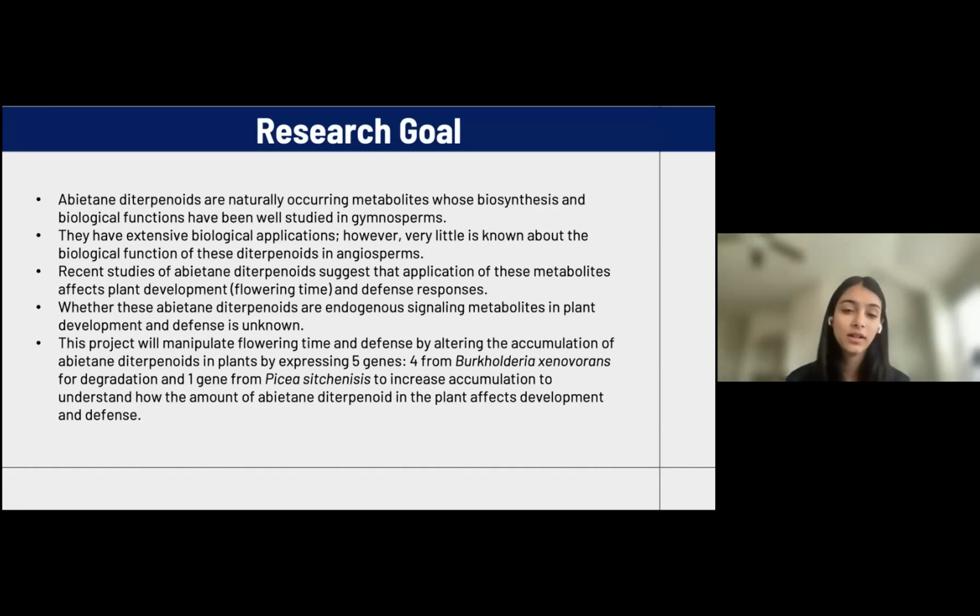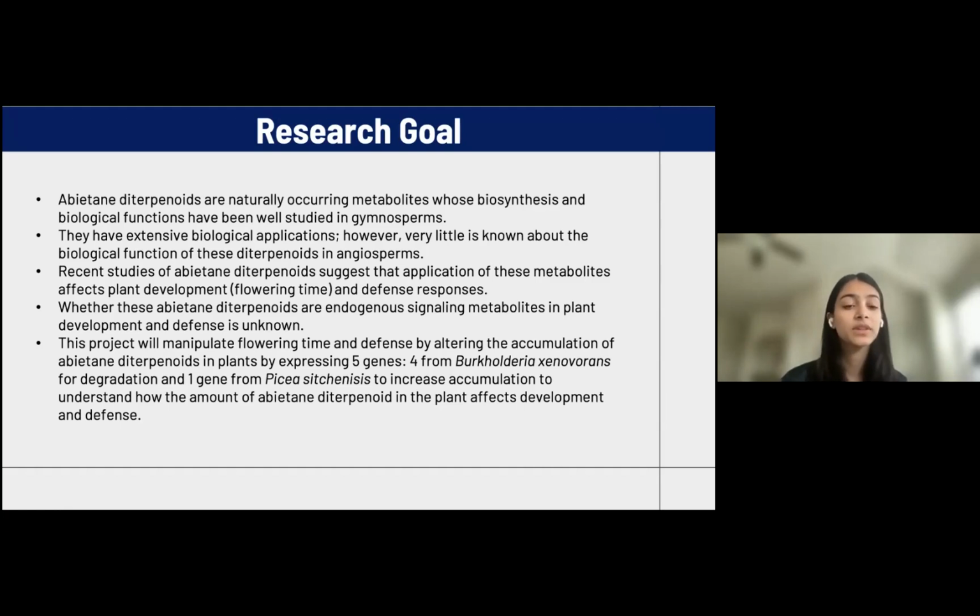They have extensive biological applications. However, very little is known about the biological function of these diterpenoids in angiosperms. Recent studies suggest that application of these metabolites affects plant development and defense responses. However, whether these diterpenoids are endogenous signaling metabolites in plant development and defense is unknown.